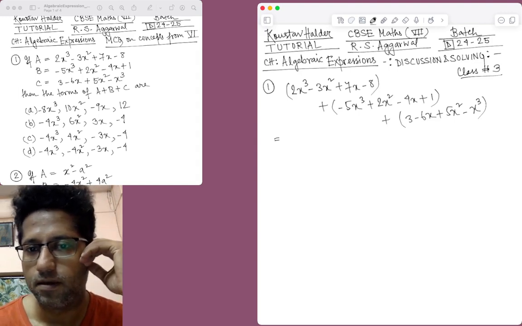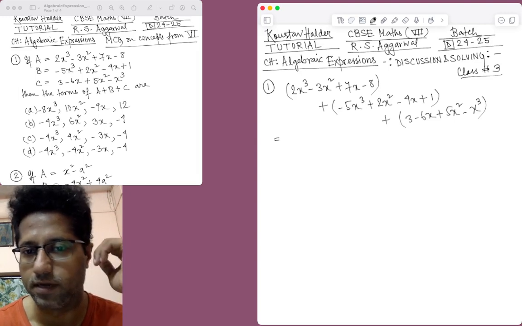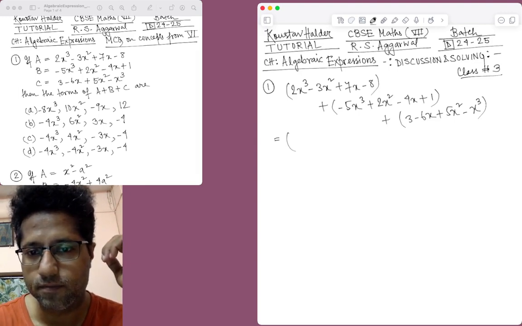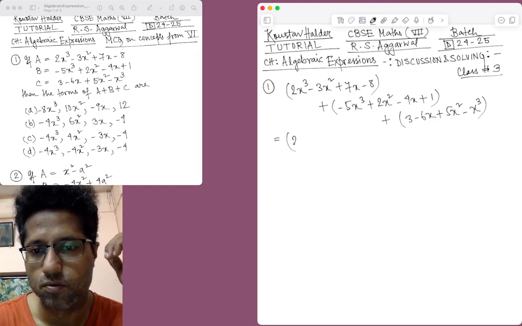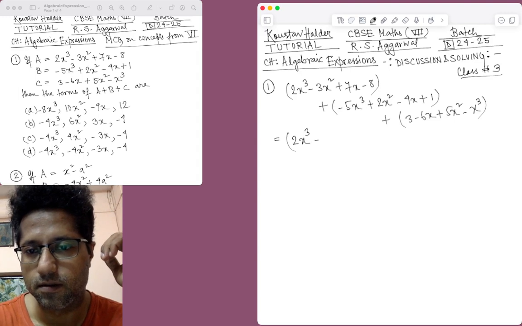So I group together all the terms having literal coefficient x cube, that is, I am grouping all the like terms. So 2x cube from the first expression, then minus 5x cube from the second expression, and minus x cube from the third expression.